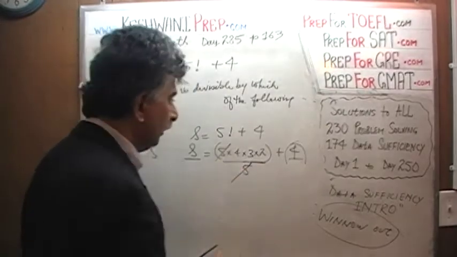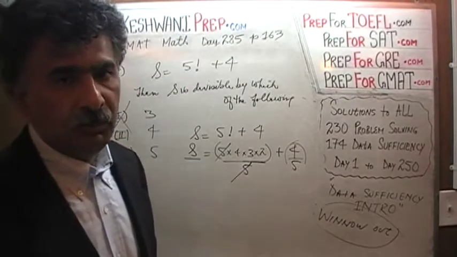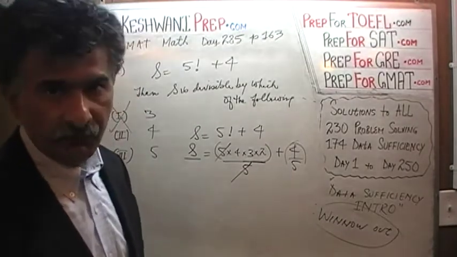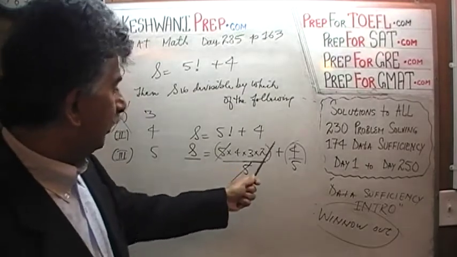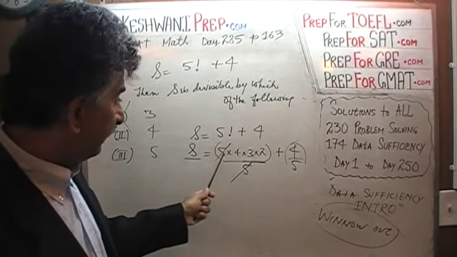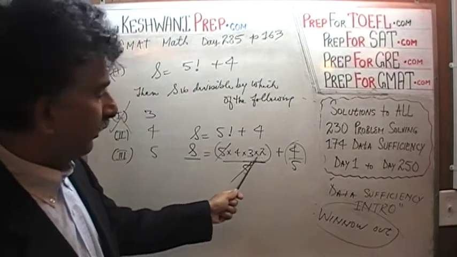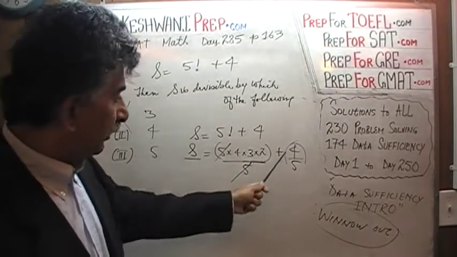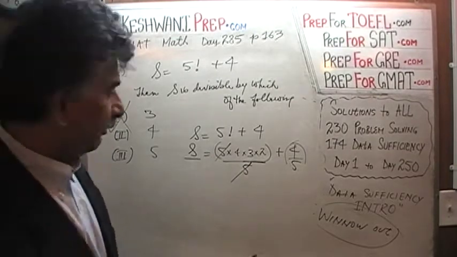But what about the 4? 4 over 5 will be left there alone. 4 cannot be divided evenly by 5. So if you were to divide 5 factorial plus 4 by 5, we end up with 4 times 3, which is 12, times 2 is 24. The answer will be 24 and 4/5. This quantity is not divisible by 5. So you pretty much get the idea what's going on here.